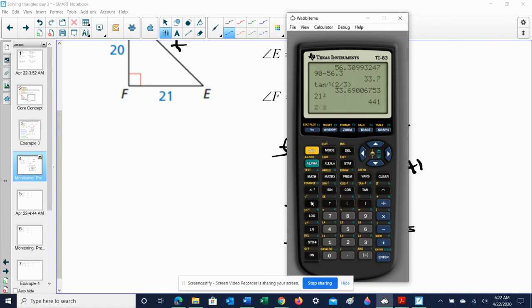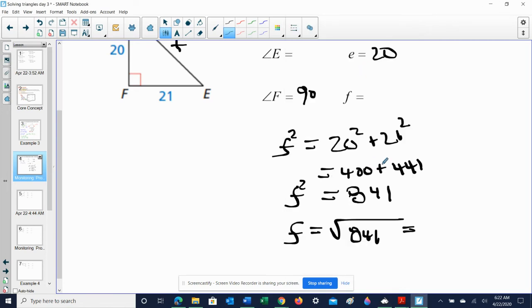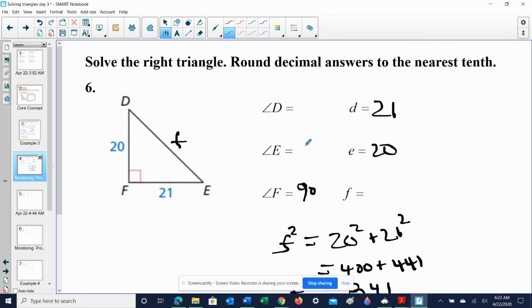Second square root of 841. Oh, look, it is a perfect square. So I would not leave it as the square root of 841. I would put it in as 29. You can always check. So I know that F is 29.